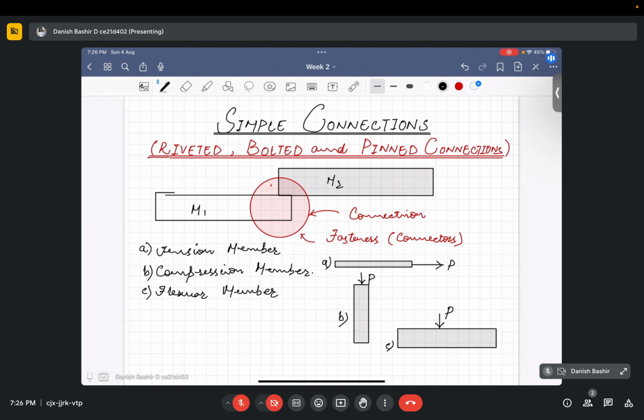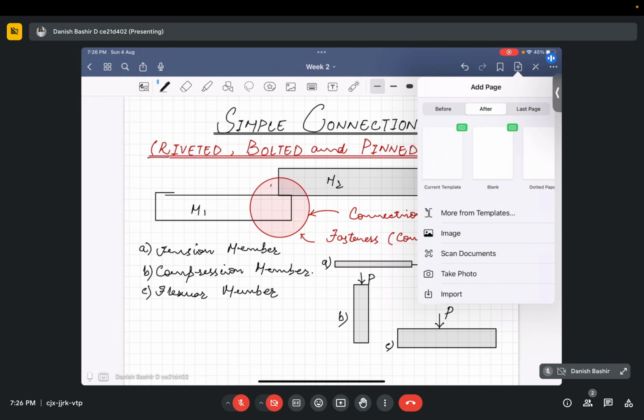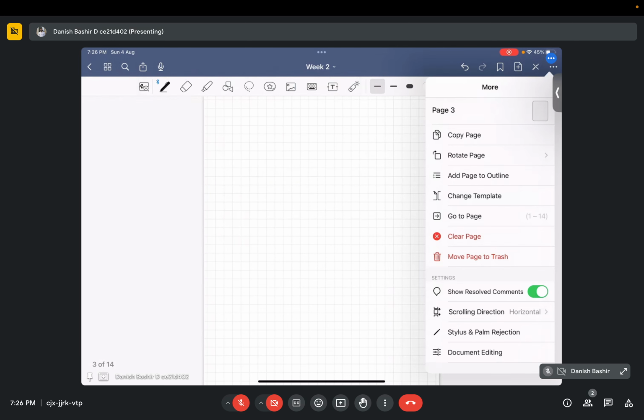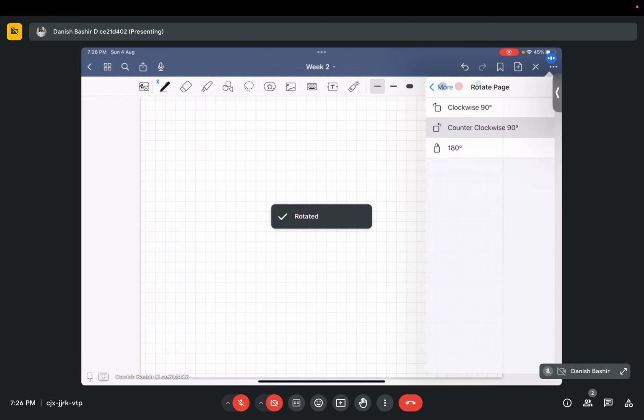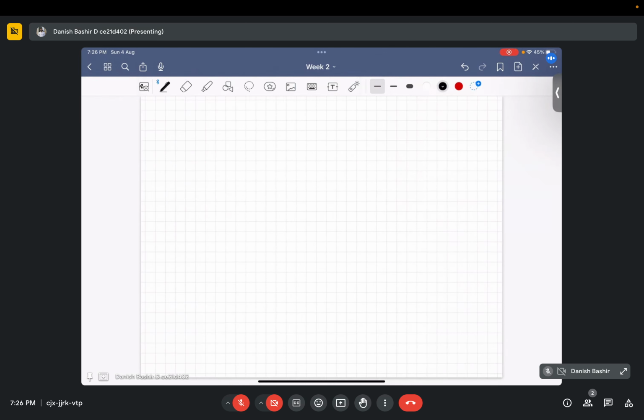What are the different types of fasteners that are available? The first one is rivets. The second important type of fastener is bolts.